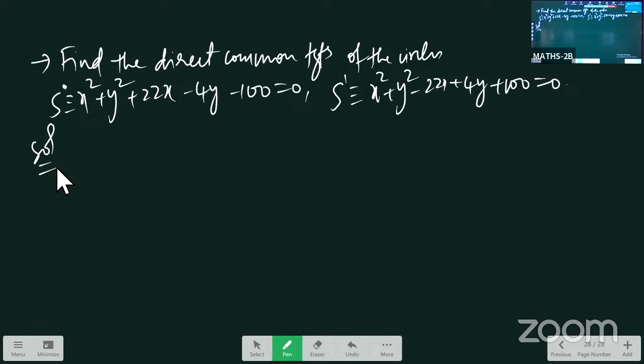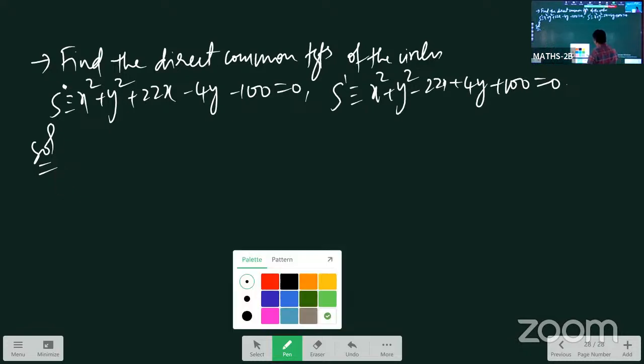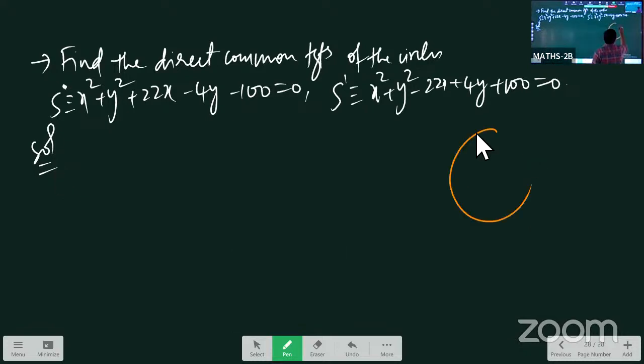So find the direct common tangents of the circles x square plus y square plus 22x minus 4y. Direct common tangents means use circles. Once you have a look, your circles should be apart from each other, and okay, it goes like this.